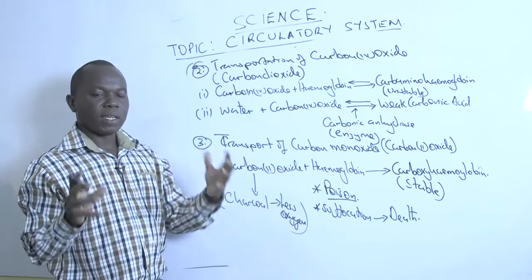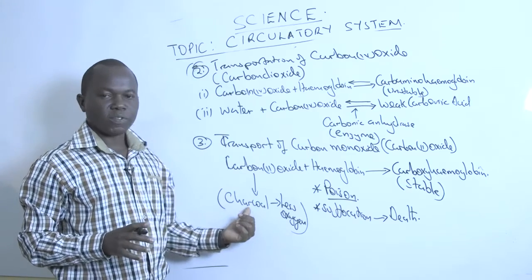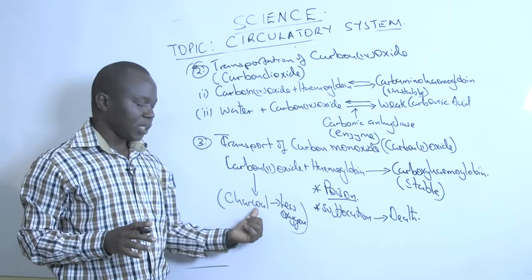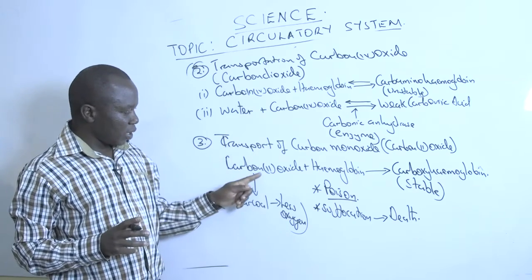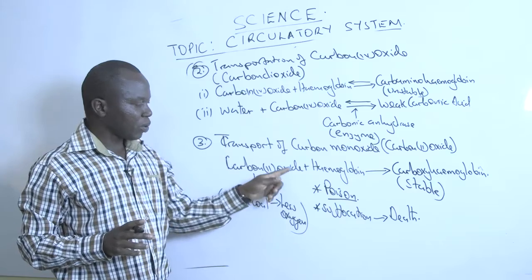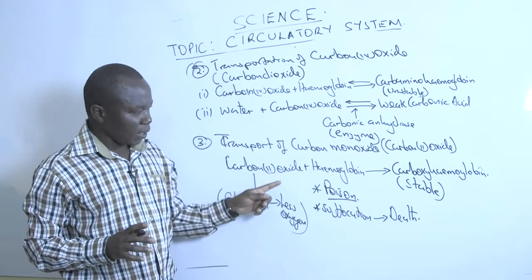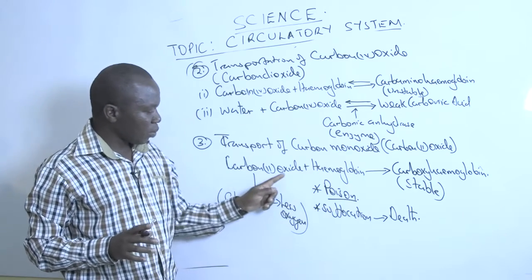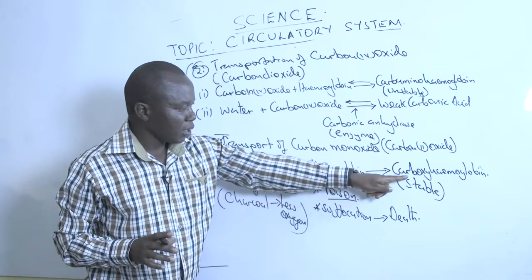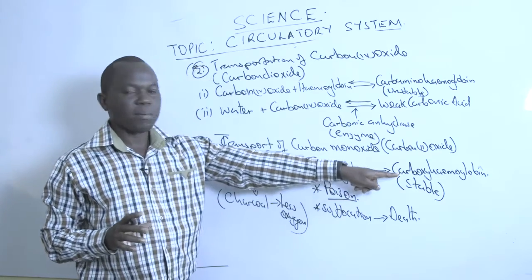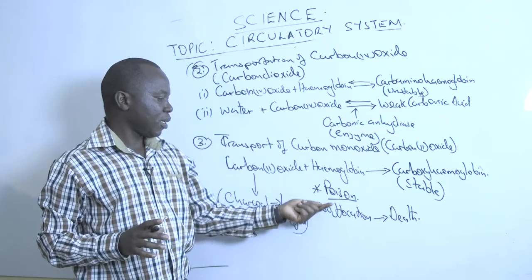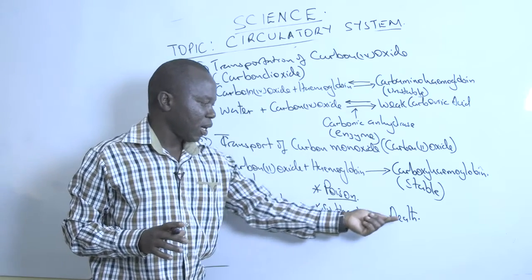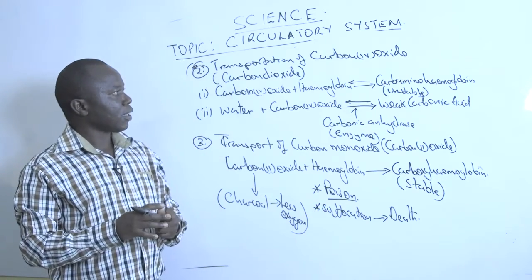That is why when you are in a room and you have a stove that is using charcoal as fuel, it's supposed to be well ventilated so that production of carbon monoxide is reduced. Otherwise, it will produce carbon monoxide, and in the process, there will be a reaction forming carboxyhemoglobin, which is stable. And being stable, it may cause suffocation, hence leading to death.